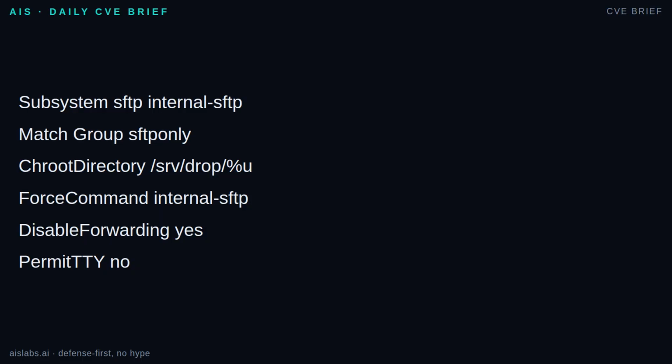ChrootDirectory /srv/drop/%u expands %u to the username. ForceCommand internal-sftp prevents shells and remote commands. DisableForwarding yes shuts off TCP forwarding, agent forwarding, X11 forwarding, and stream local forwarding on OpenSSH versions that support it. PermitTTY no stops sudo terminal allocation. Put this match block near the end of sshd_config.